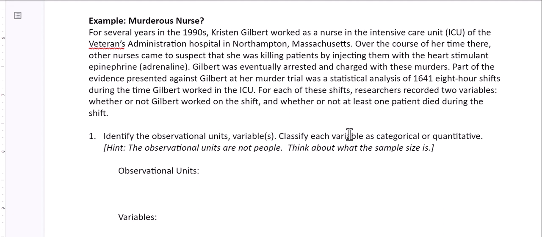Part of the evidence presented against this nurse at her murder trial was a statistical analysis conducted on 1,641 8-hour shifts during the time Gilbert worked in the ICU. For each of those shifts, researchers recorded two variables: whether or not she worked on the shift and whether or not at least one patient died during that shift.